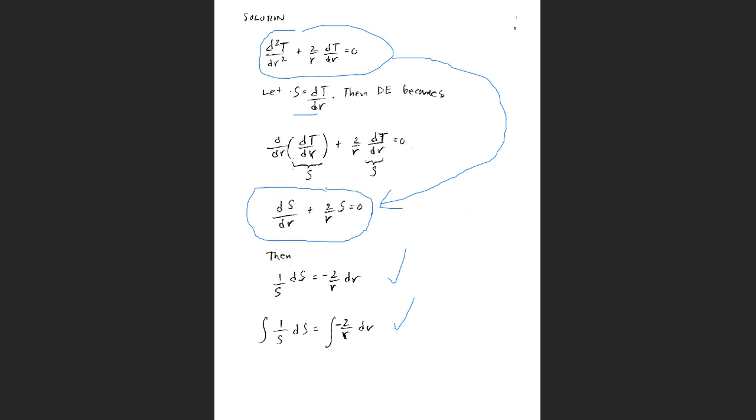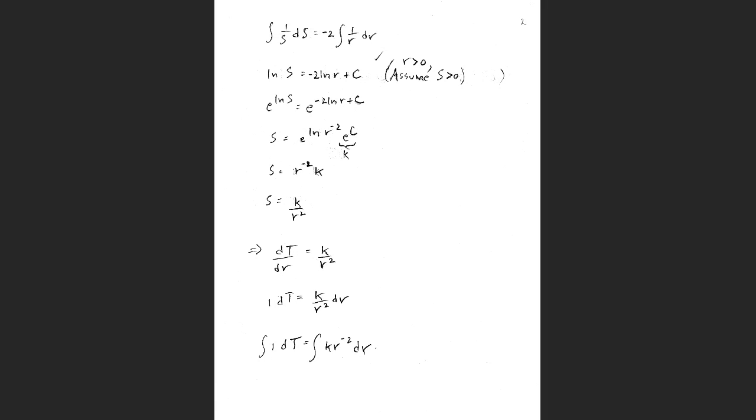Okay, so these are common steps that you've seen before. And then we need to integrate this equation. We need to get the antiderivatives. Well, we are going to be assuming that it makes sense that the radius, of course, is greater than 0.